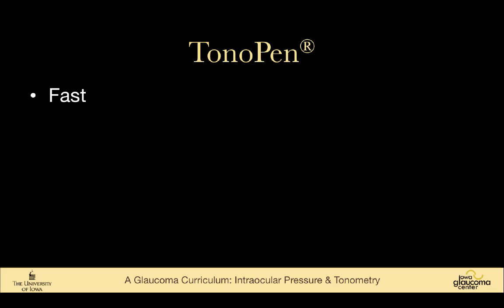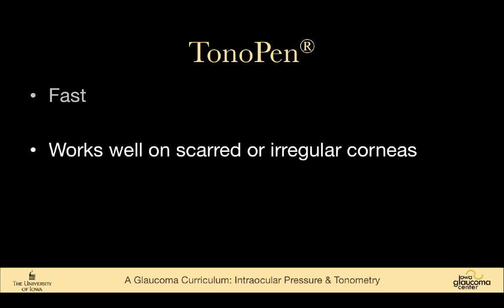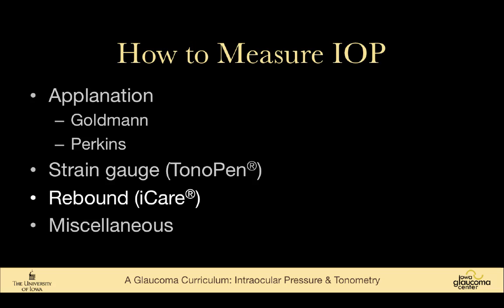TonoPen has the advantage of being very fast. It works well on scarred or irregular corneas, so it's often the tonometer of choice in the cornea clinic. In our department, the retina clinic uses it again because it's fast, it's easily cleaned, and the tips are easily disposed of.